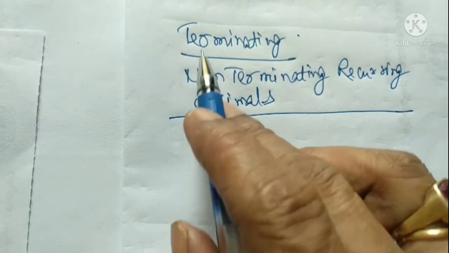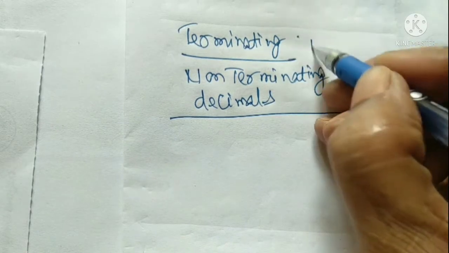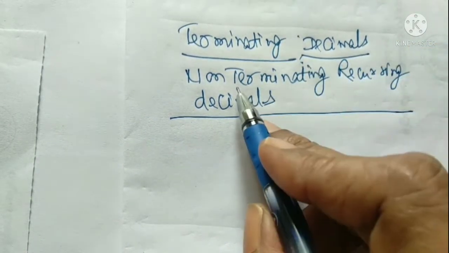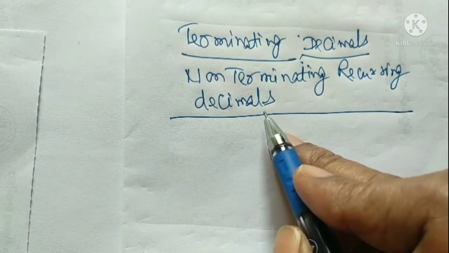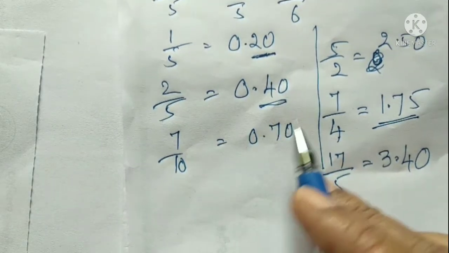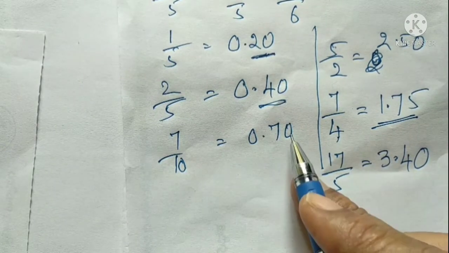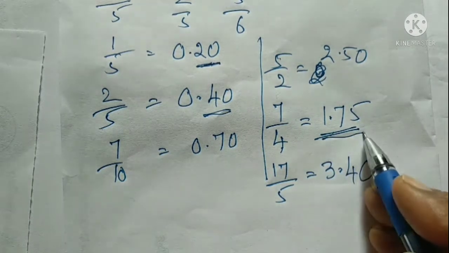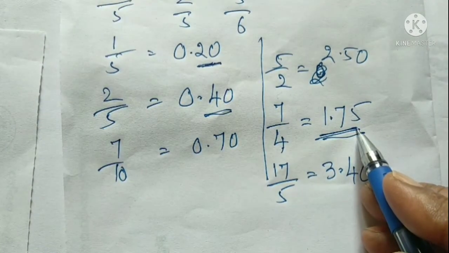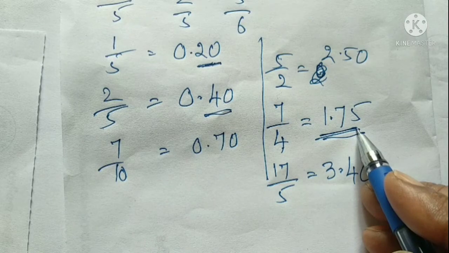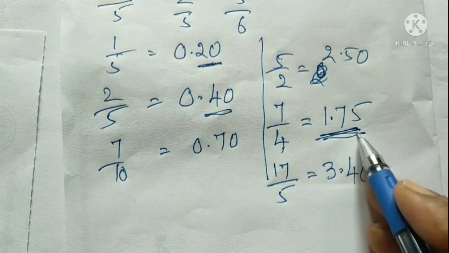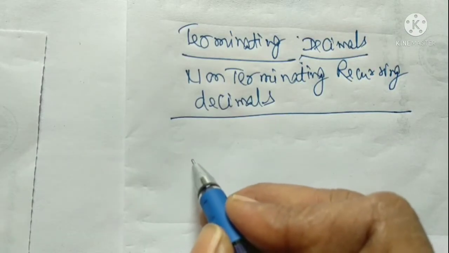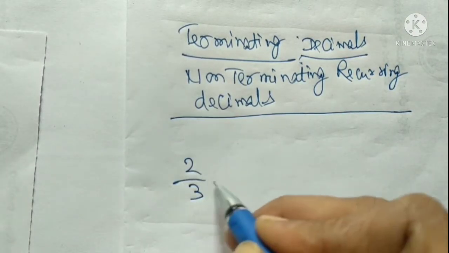Now let us see what are terminating decimals and non-terminating recurring decimals. Now 2 by 5 is equal to 0.40, or 7 by 10 is equal to 0.70, or 7 by 4 is equal to 1.75. All these are called terminating decimals. Means if you divide, the remainder will be 0 in this case. Let us consider 2 by 3.